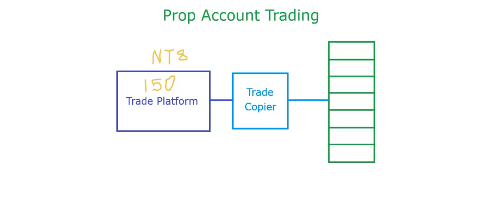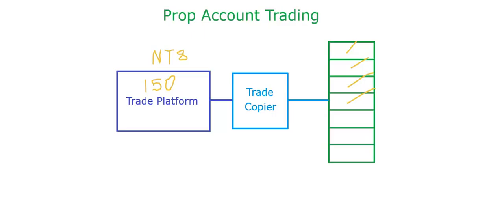I have a 150K balance. Now I have a range of prop accounts that I want this trade activity happening on this platform to be copied out to. So if I'm on NT8 and I have an eval account, I might have 1, 2, 3, 4 other TPT eval accounts that I want the trade activity happening here to also happen on.